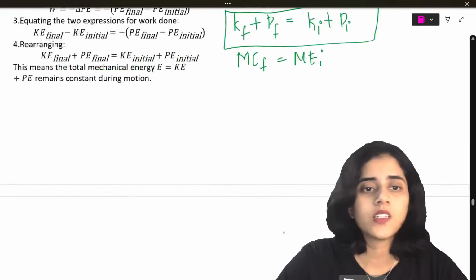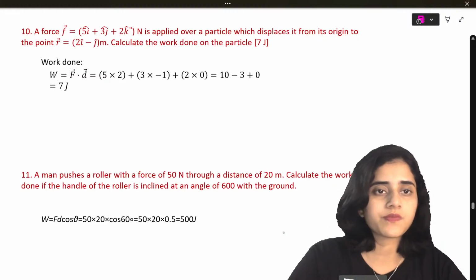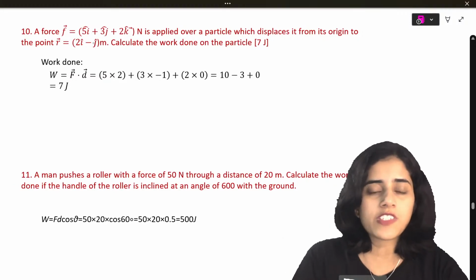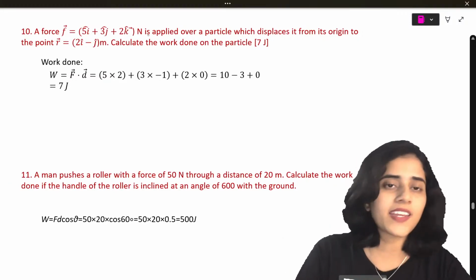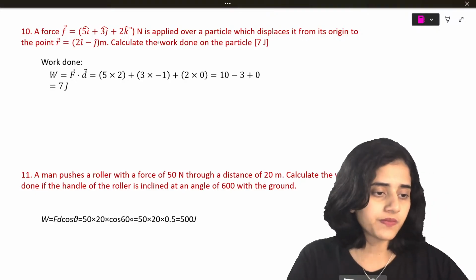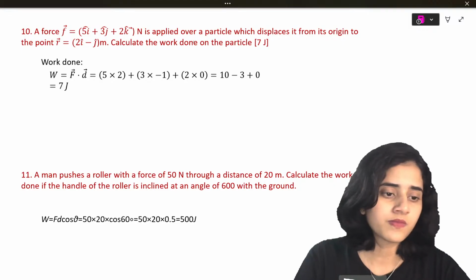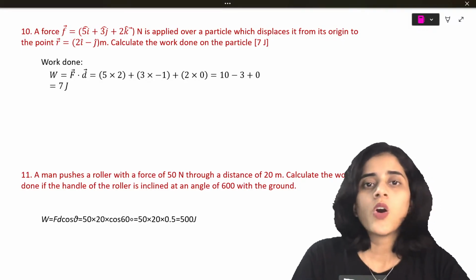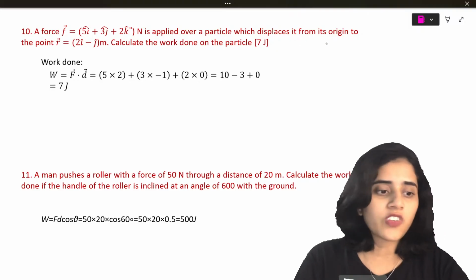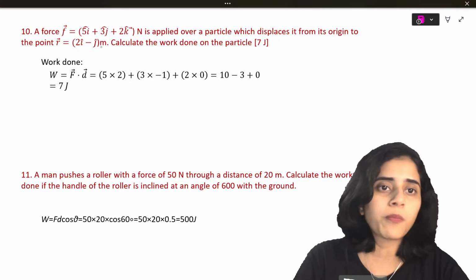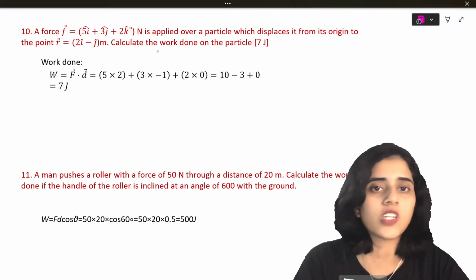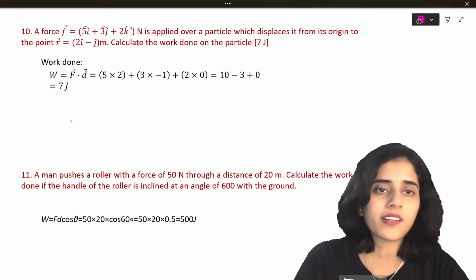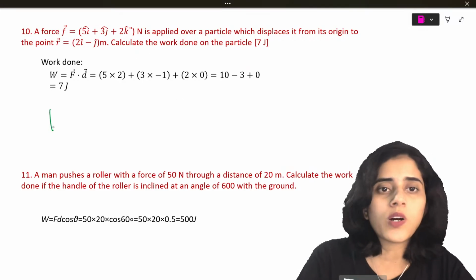Next question. A force F is equal to 5i cap plus 3j cap plus 2k cap is applied over a particle which displaces from its origin to the point r, 2i cap minus j cap. Calculate the work done on the particle. So what is the formula for work done?